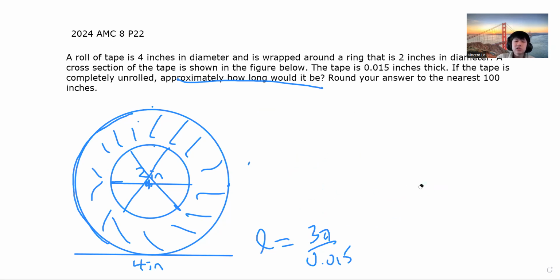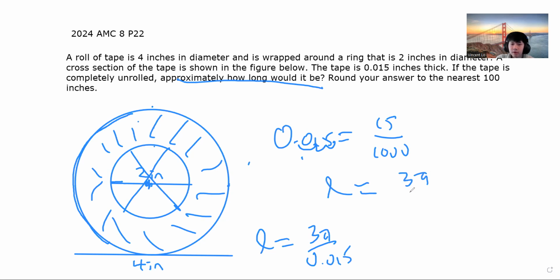What I like to do is first get rid of the decimals. So 0.015 is equal to 15 divided by 1,000. Now we can rewrite the length as 3 pi over 15 divided by 1,000.